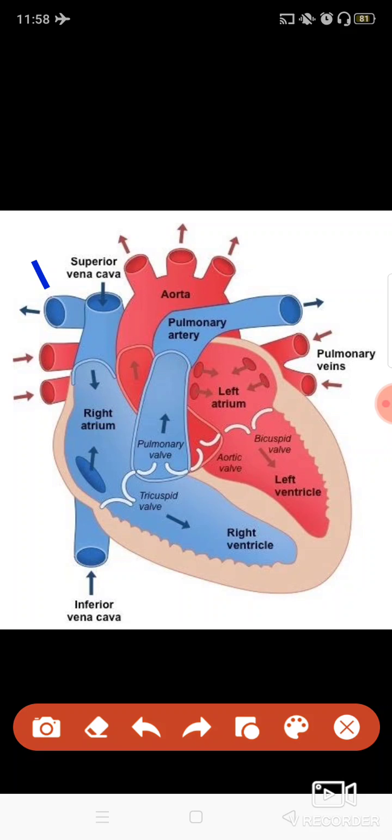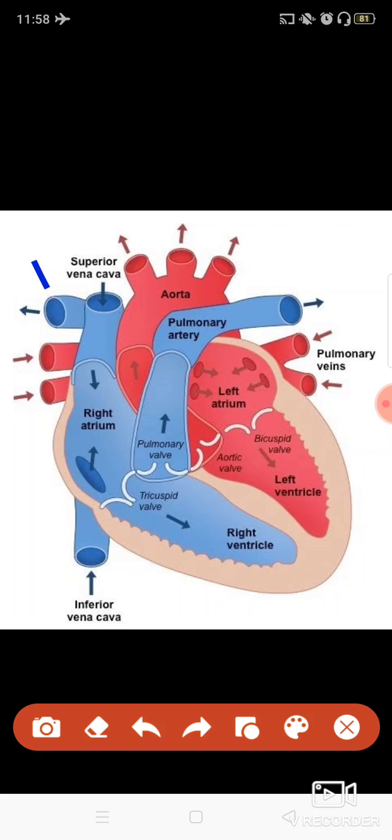Now, when the right atrium is filled, it will push this tricuspid valve, and whenever the tricuspid valve is pushed, it will open and the blood will flow into the right ventricle.